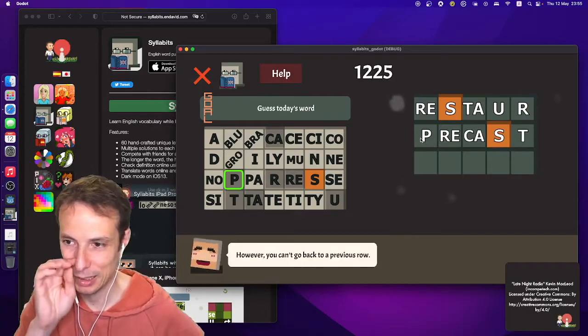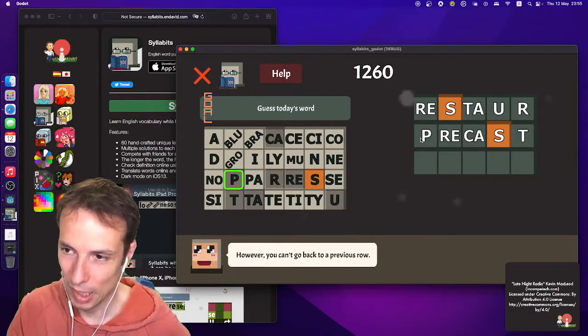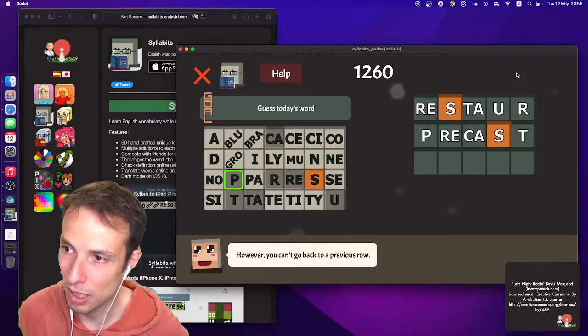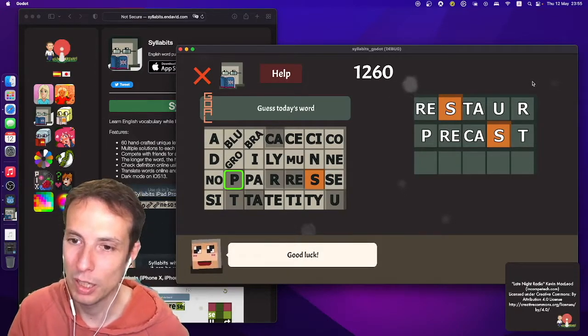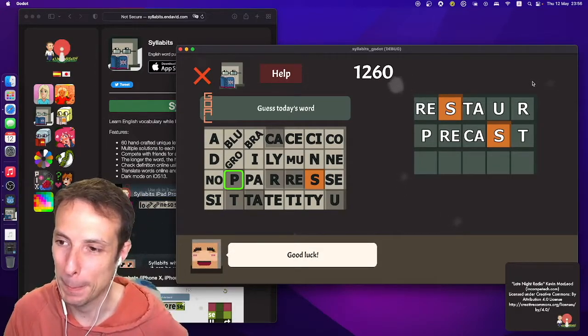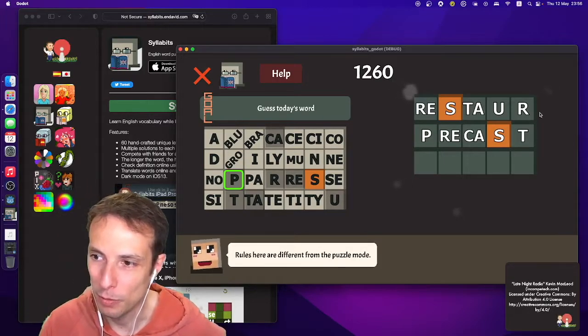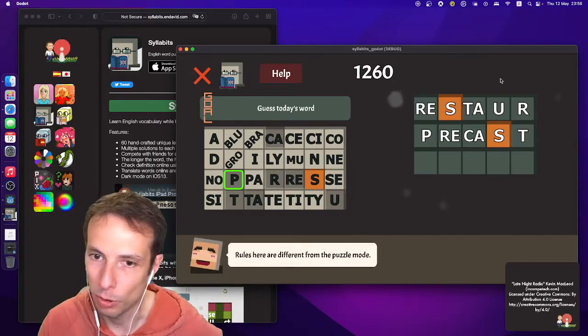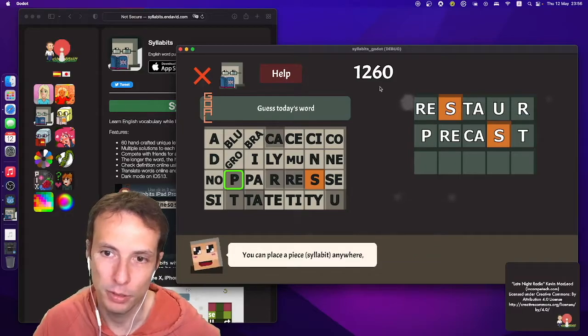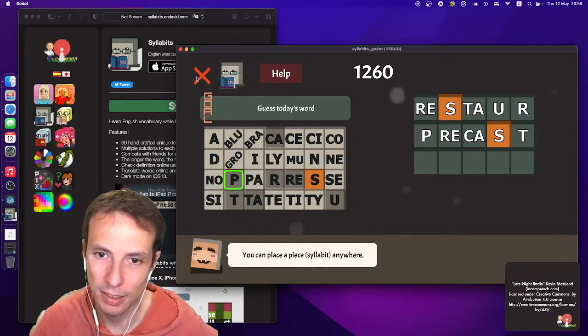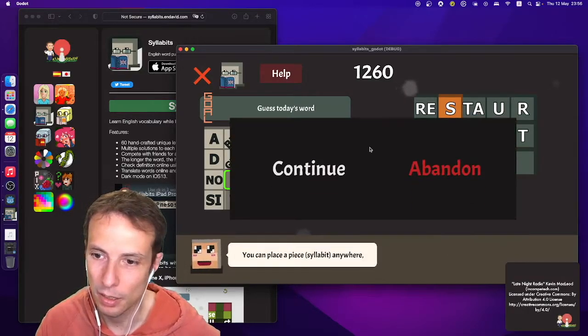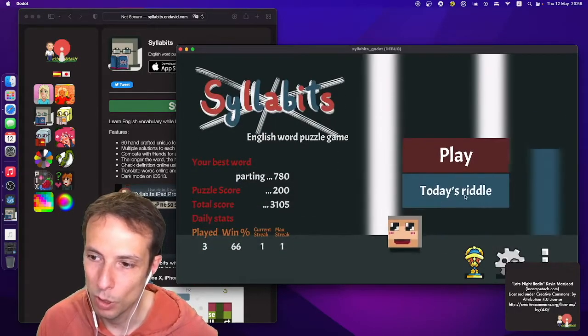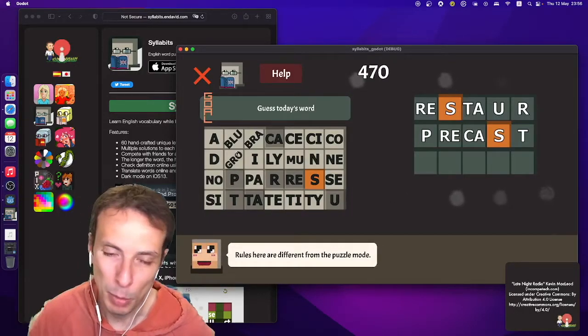Cool. And you've noticed the rewind arrow disappears because you cannot go back to a previous row. Also, if you are planning to cheat, like, oh, I know something, and you abandon the game, when you come back it remembers.